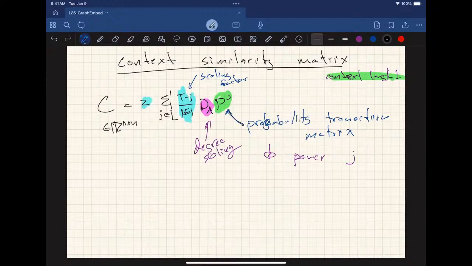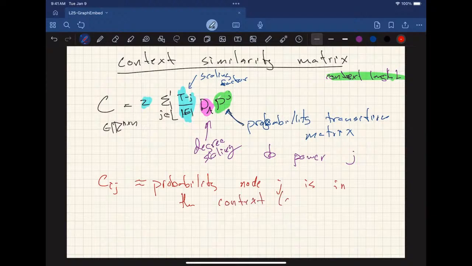Okay, so in general, Cij is roughly proportional to the probability that node Vj is in the context of size L of node Vi.